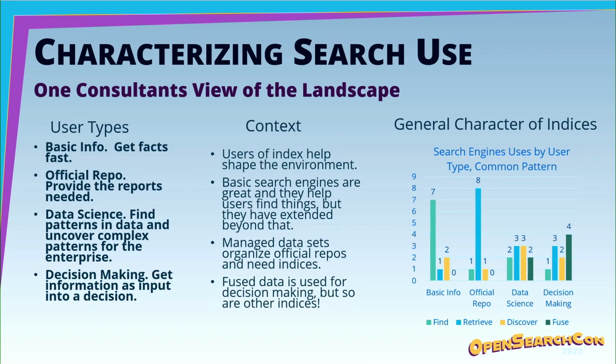All right, so drilling into more, these are user types, as we talked about. The users of the index do help shape the environment, and you are going to get different index types.